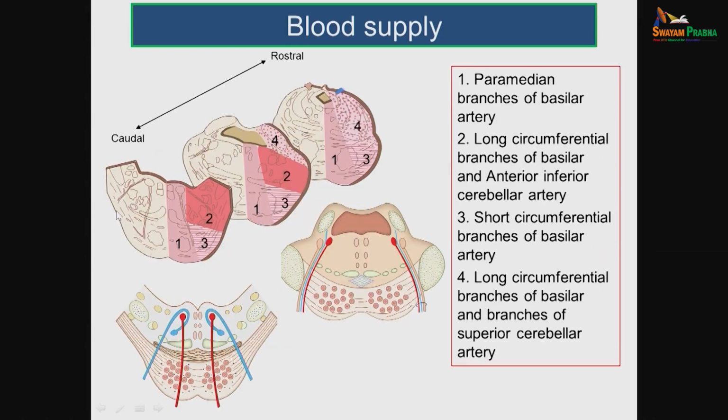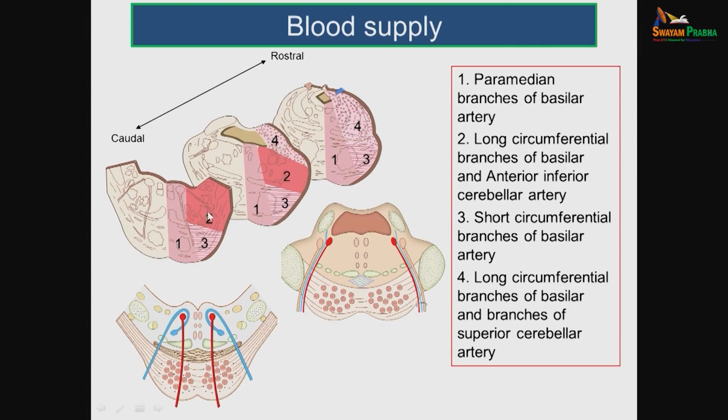Here in this image, what we can see is number 1, as you go from caudal to the rostral level. So let us correlate the structures present. The area number 1 shown here is supplied by the paramedian branches of the basilar artery.